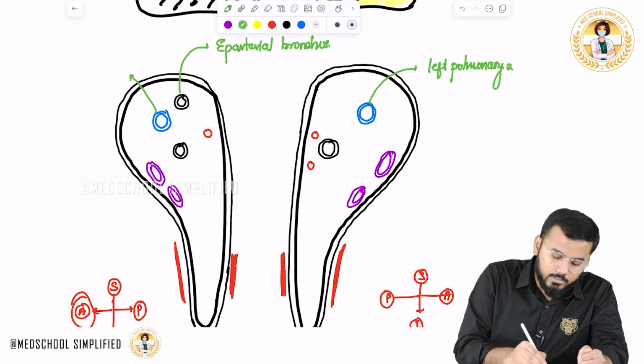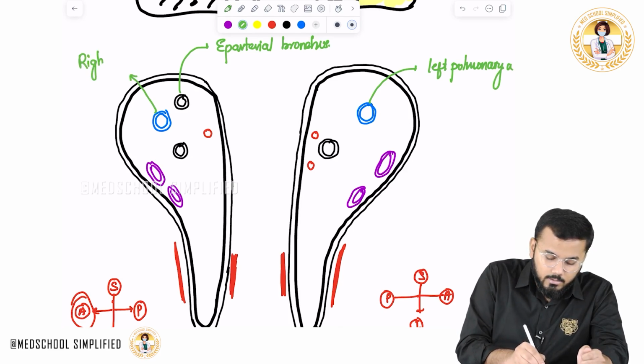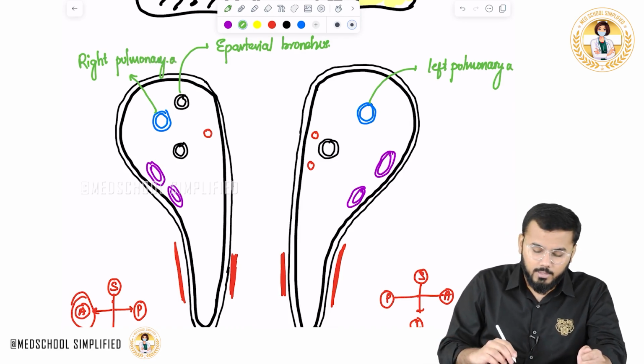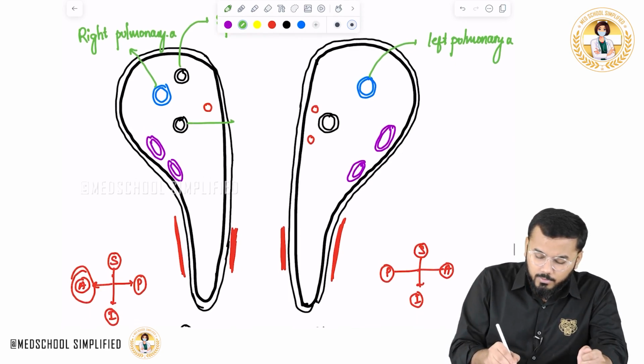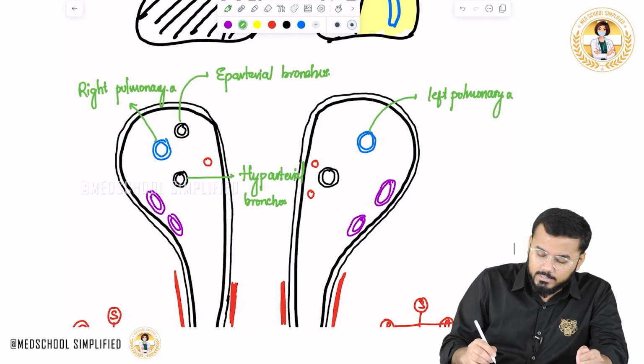Okay, this one over here is called the right pulmonary artery. And this will be the hyparterial bronchus.